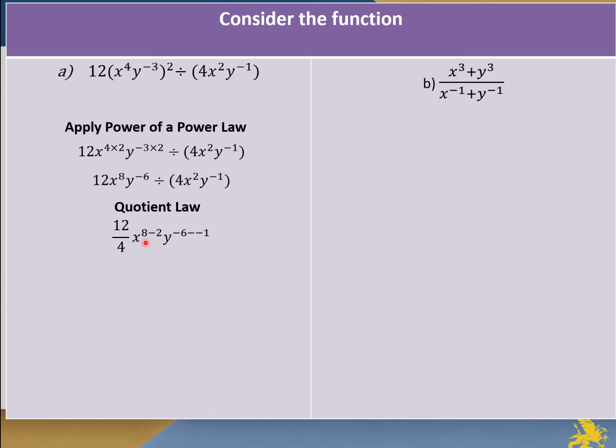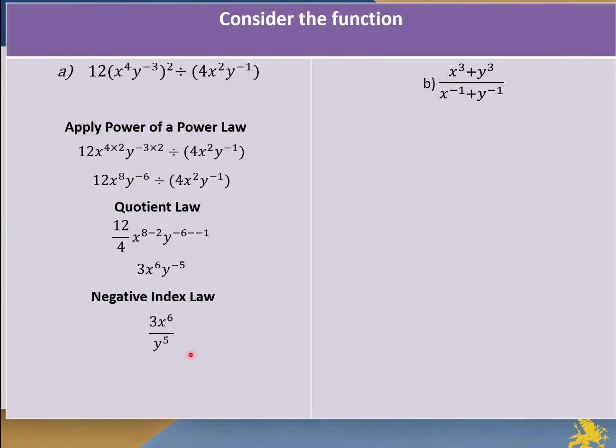For the x, 8 take 2 is 6. And for the y, -6 take away -1 is -5. The next part is I need to apply the negative index law because we don't like to keep our powers negative, so I take the y to the bottom. And it becomes 3x to the power of 6 over y to the power of 5.